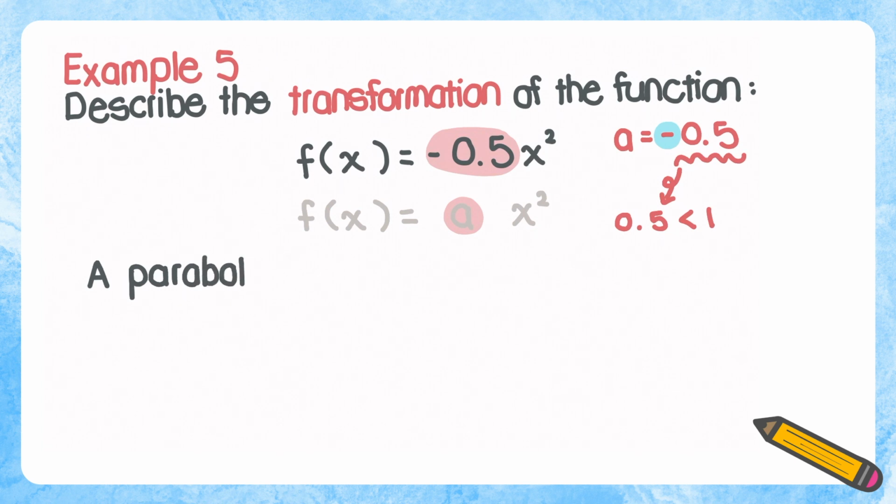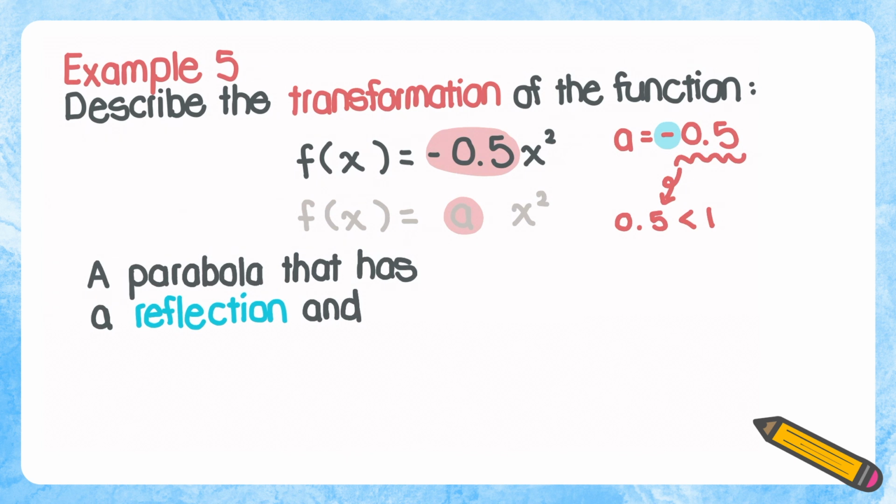So there's a parabola that has a reflection because a is negative and a vertical shrink because a is less than 1.